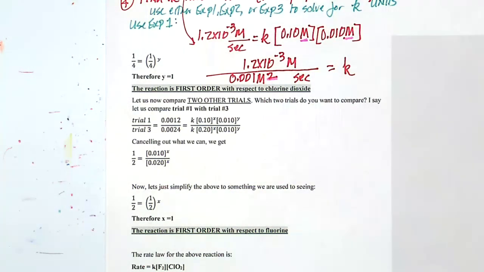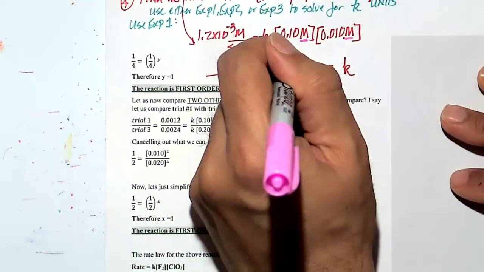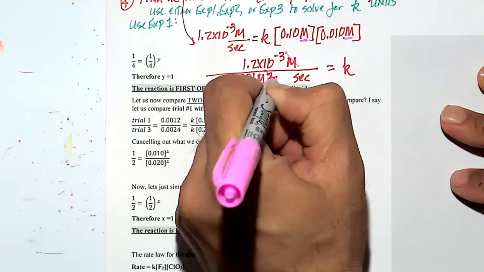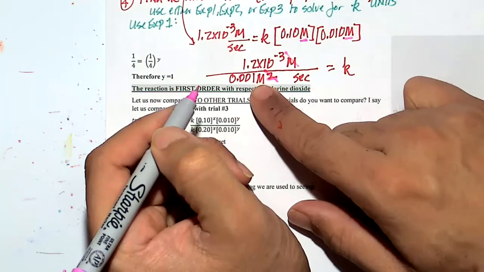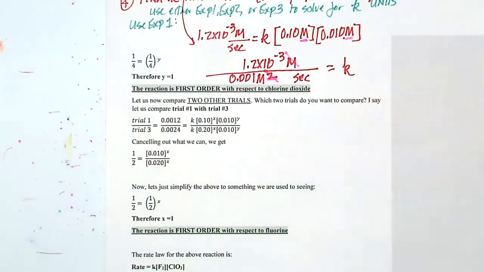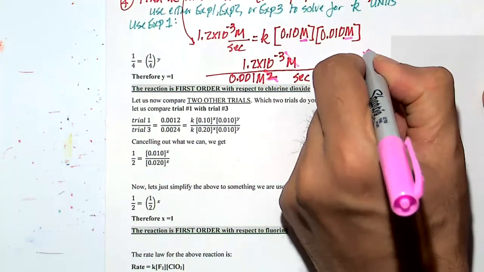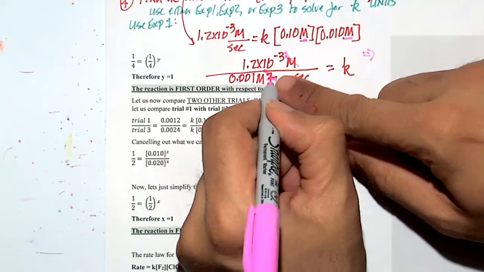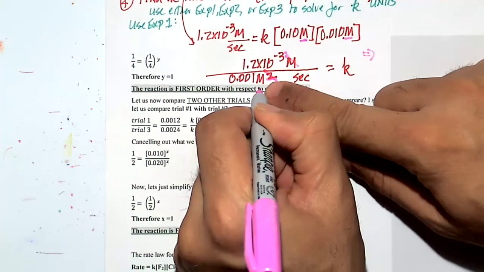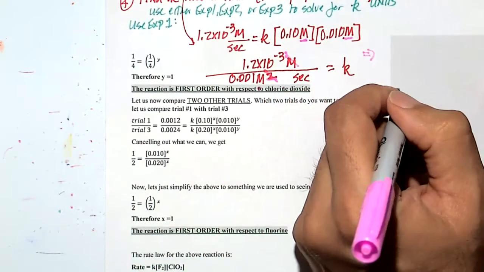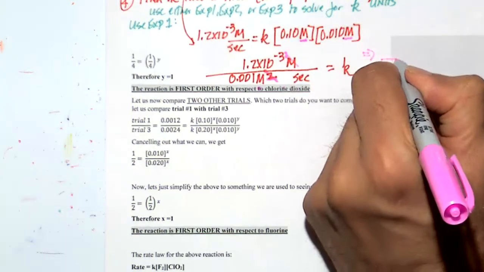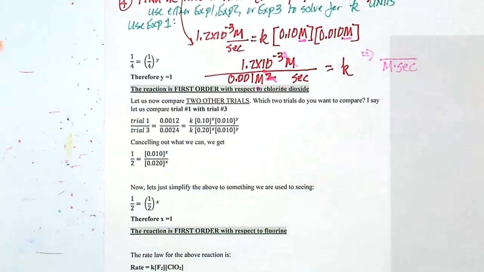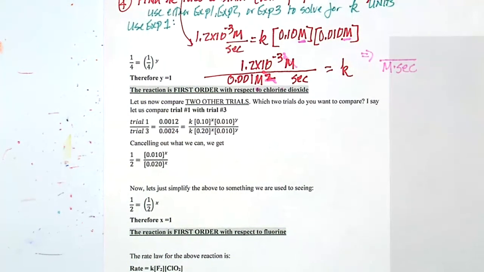So this big M here is going to cancel with one of the M's here, leaving me with one M. So my final units are going to be M in the denominator, seconds in the denominator.